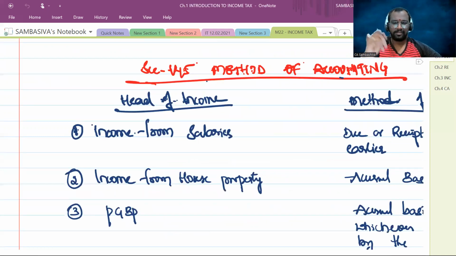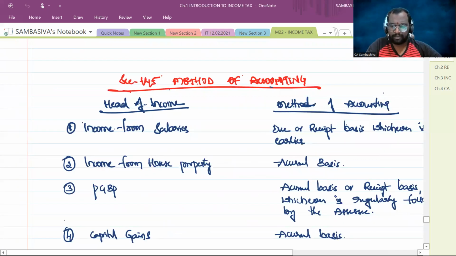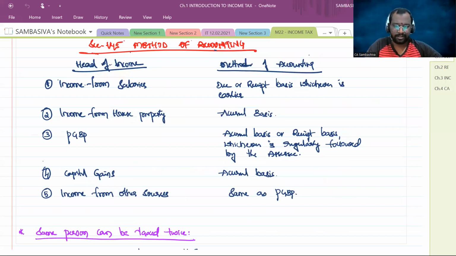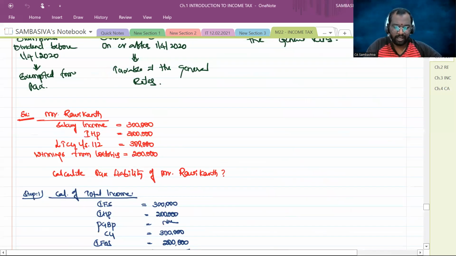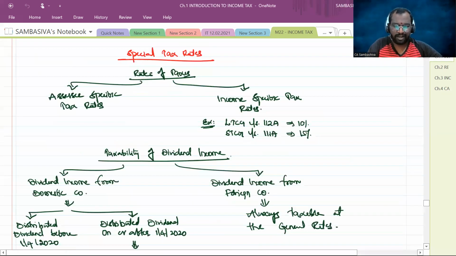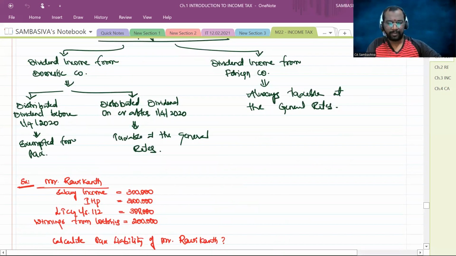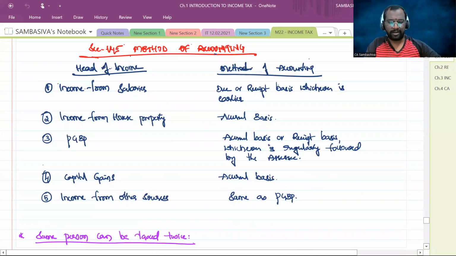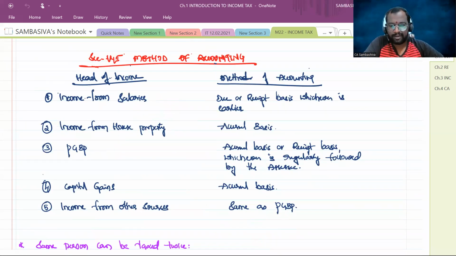This is our first chapter running notes, if you remember. Important consideration relating to income, maximum marginal rate, special tax rates. And here only we discussed the method of accounting, Section 145.